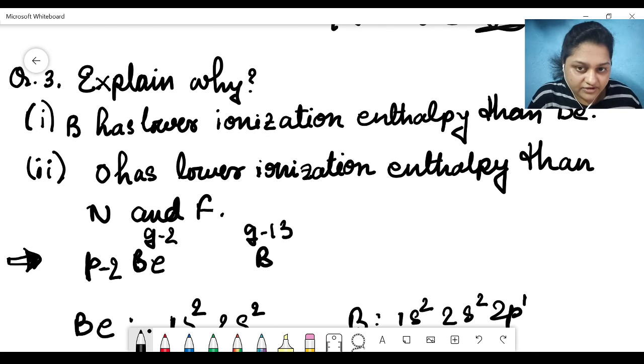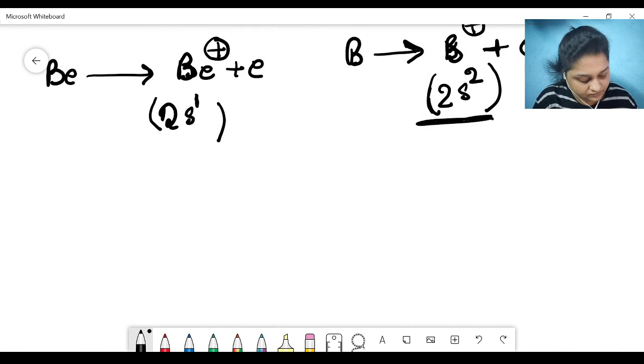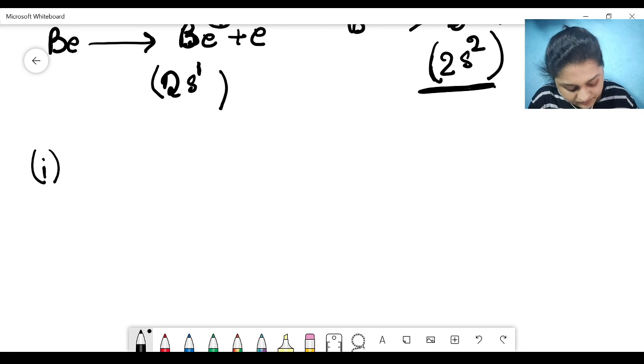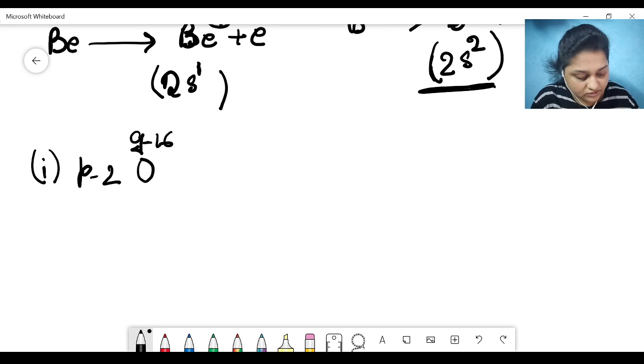The second question we were doing is that oxygen has lower ionization enthalpy than nitrogen and fluorine. Now, oxygen is situated in group 16 in period 2.